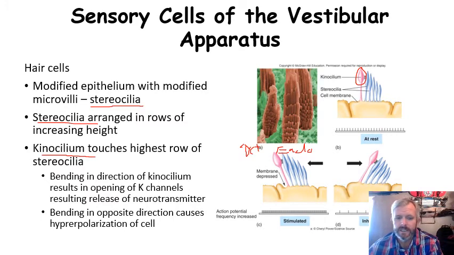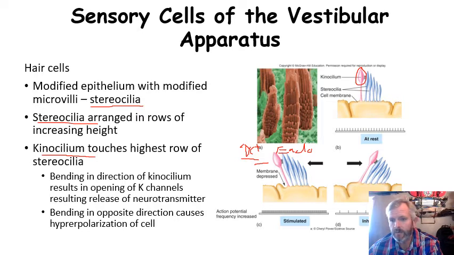Bending towards the kinocilium is going to open up potassium channels. These are mechanically gated channels. Remember, distortion or stretch on them causes them to open. So mechanically gated potassium channels open when the bending of these cells heads towards the kinocilium.